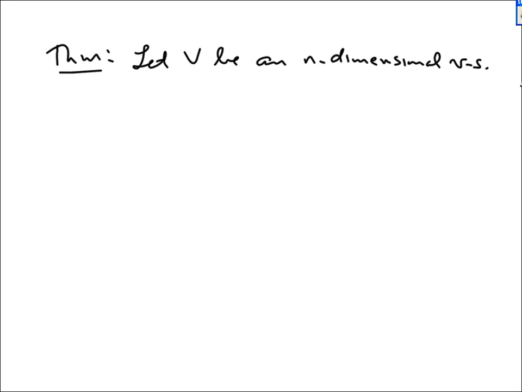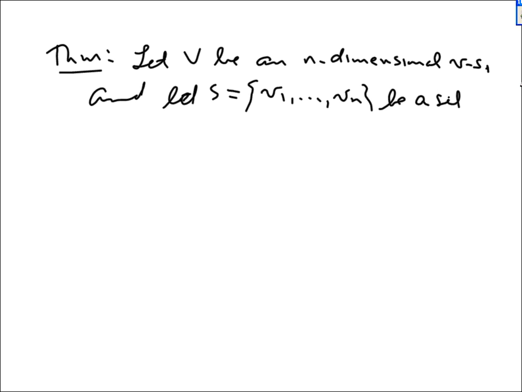That is, the dimension of V is n. And let S equal V1 through Vn be a set of n vectors in the vector space.